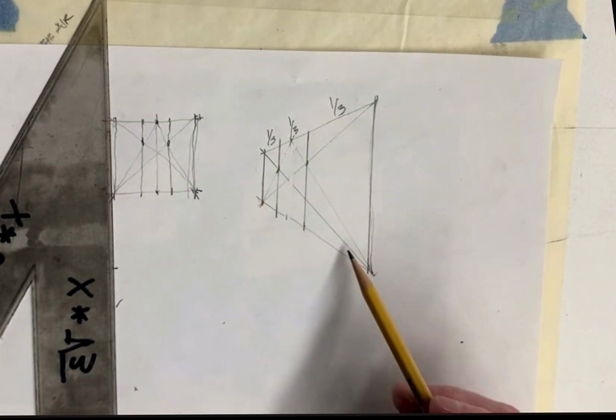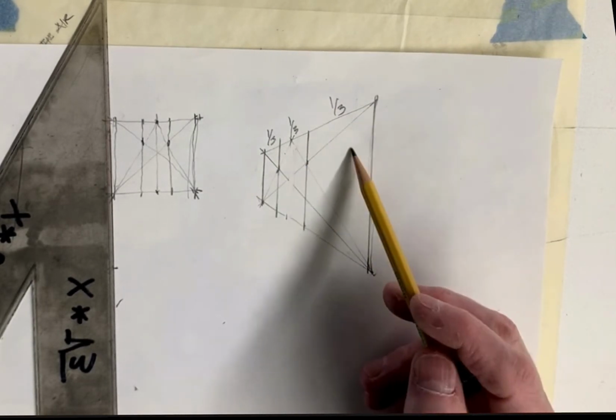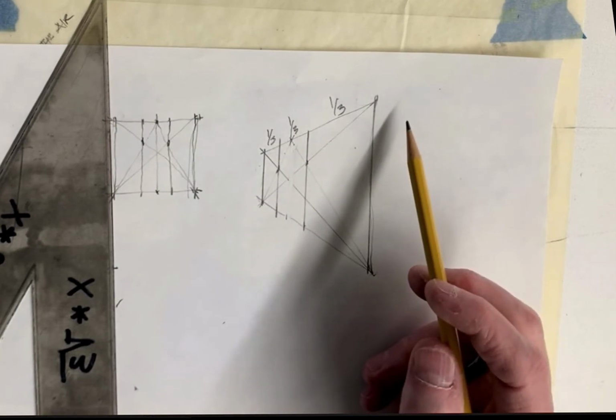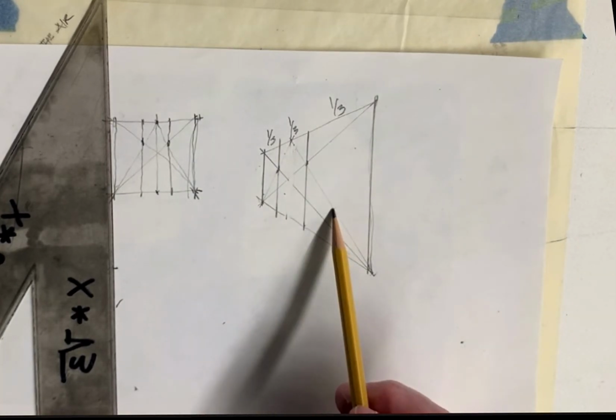Because of the distortion, because of the shape, that front third looks way bigger than the back 2/3. But that is perspective-wise where the thirds would fall.